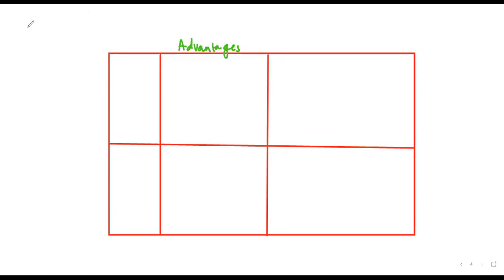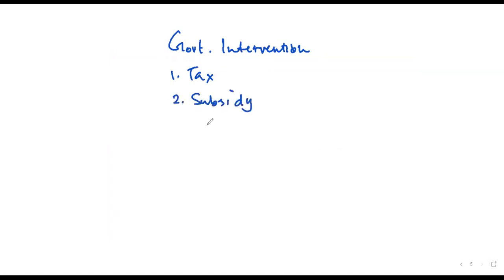So when you talk about government intervention, Durya, let me first go over that. When we are talking about government intervention, we are talking about tax, we are talking about subsidy, we are talking about maximum price.